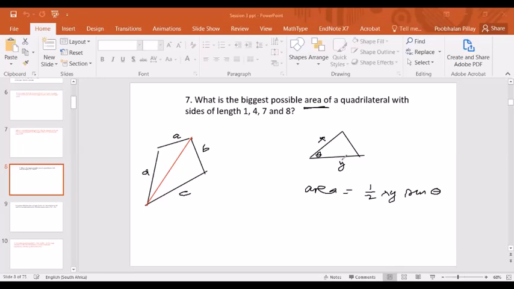Okay, I don't know how many of you just started grade 10 and probably don't know anything about the sine, but just take it from me, you might learn something just now. Because how do you find the area of a triangle? The formula that we already know is half base times height.